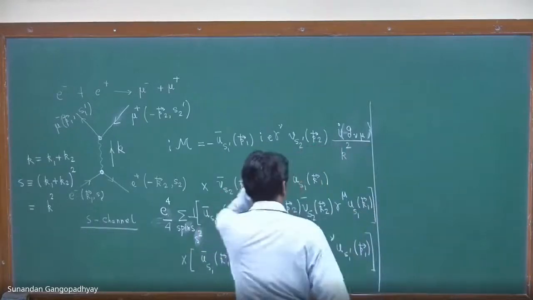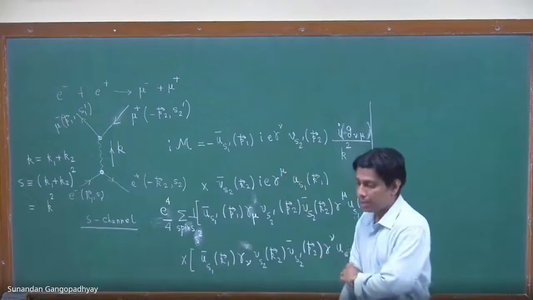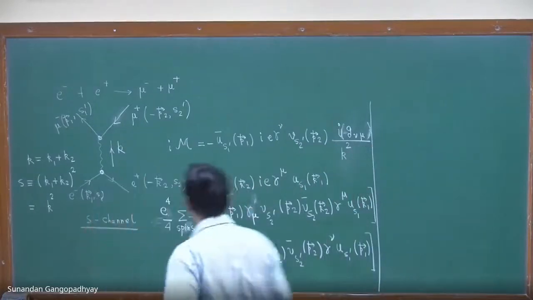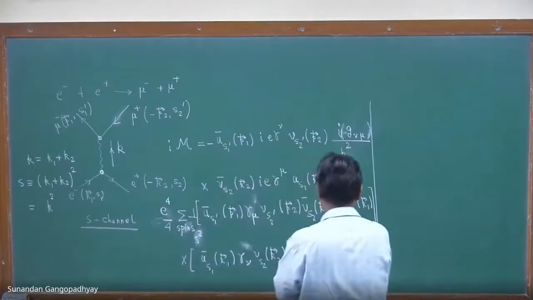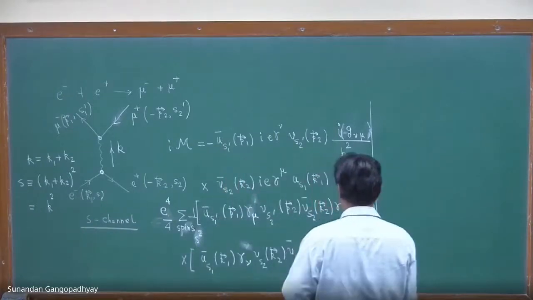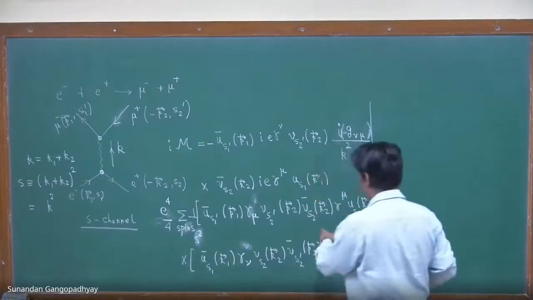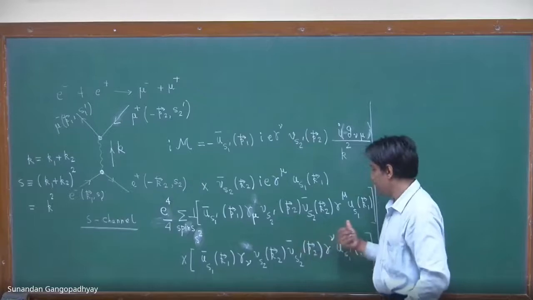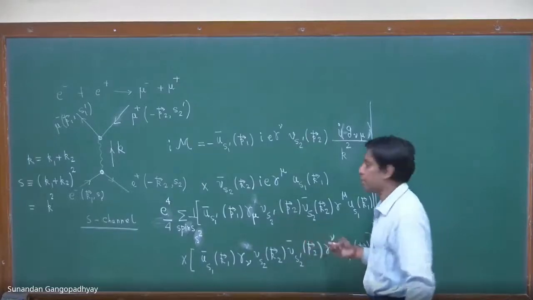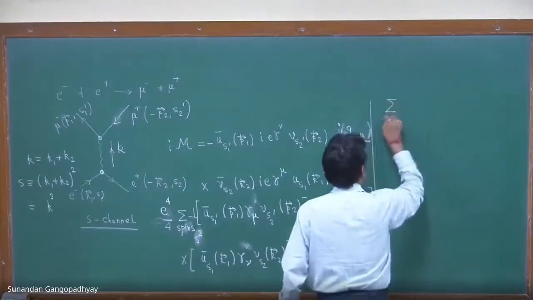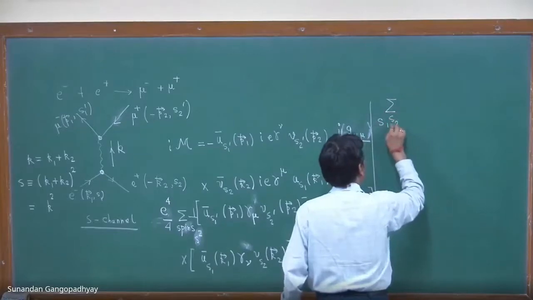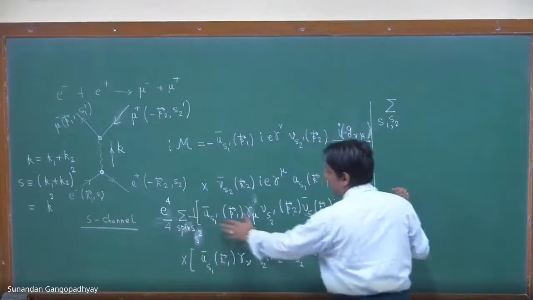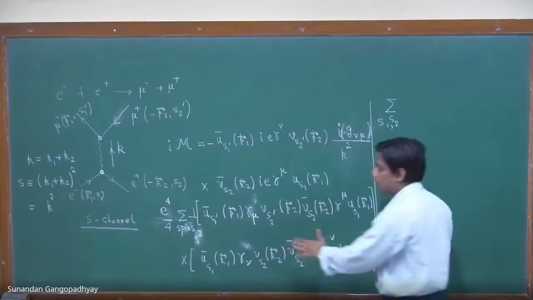Okay. So let us now do the summation. You can do the summation over S1 and S2. From this expression, you can see that this is spin S1 prime, this is S2 prime. So when you sum over S1, S2, this will not contribute.